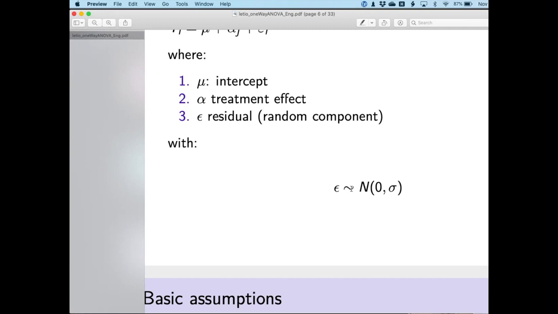And these outcomes are randomly distributed according to a Gaussian distribution with a mean equal to 0, which is the characteristic of random error. You remember perhaps from the first lesson, random error is totally random, so we have the hope that in the long run, all errors sum up to 0.